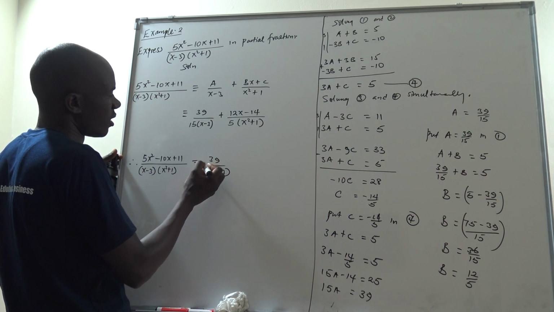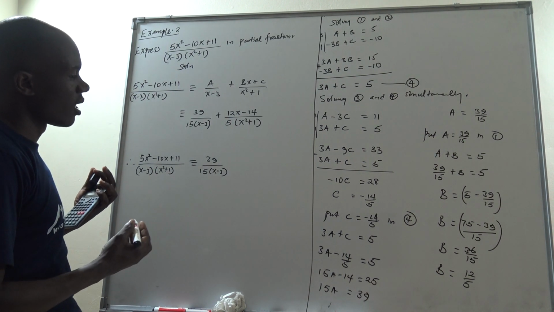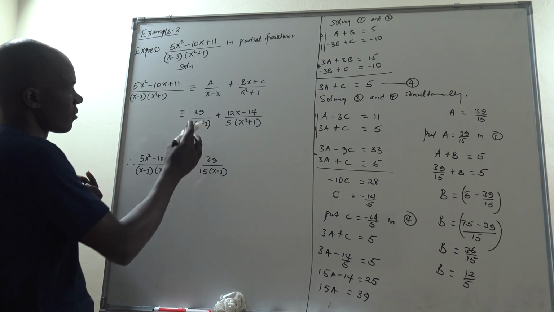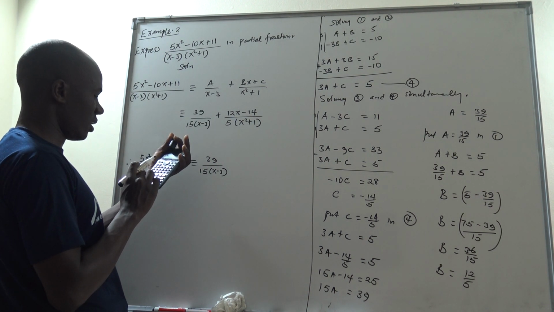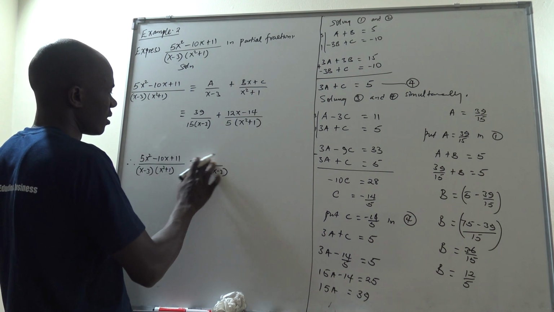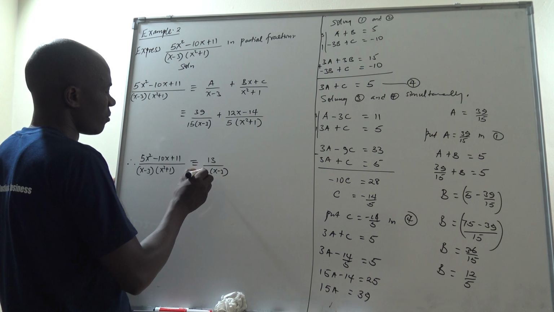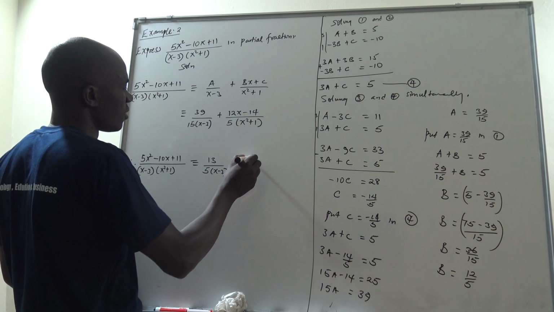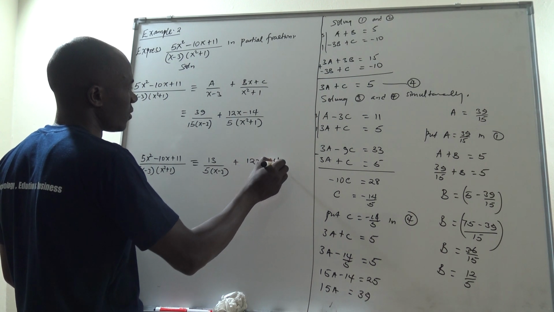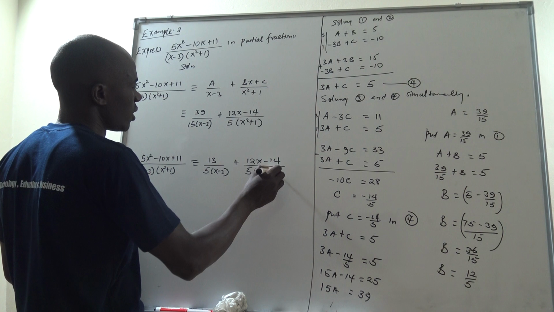But even still, you can reduce. 3 can go in 39. If we try to reduce, can 3 go in 39? How many times does it go there? 13 times. So we can reduce and say 13 out of 5 into x minus 3, then plus 12x minus 14 all over 5 into x squared plus 1.